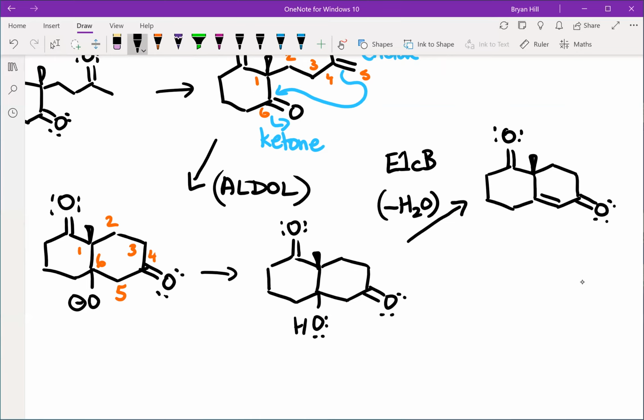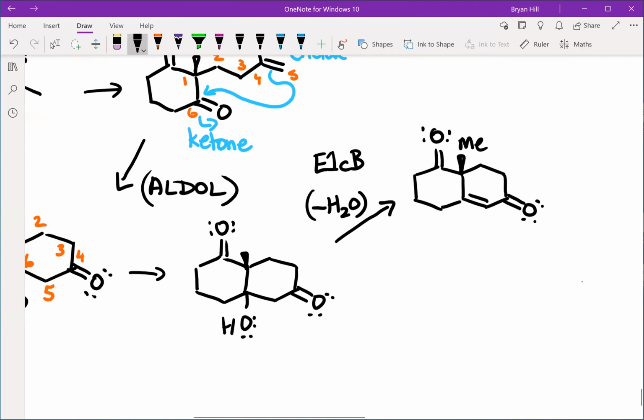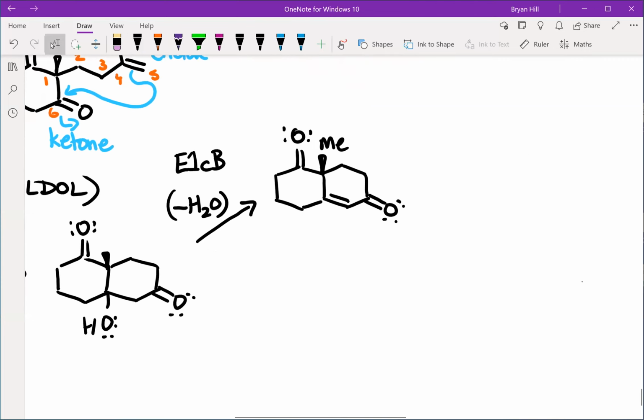And this is a really interesting, okay, so here we go, that's a methyl group. And this ketone here is a famous building block in a lot of the natural products that are made here. So let's just draw.